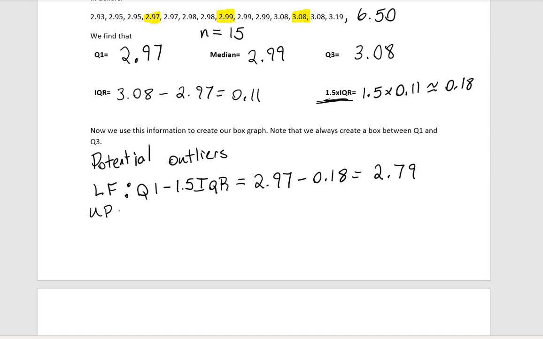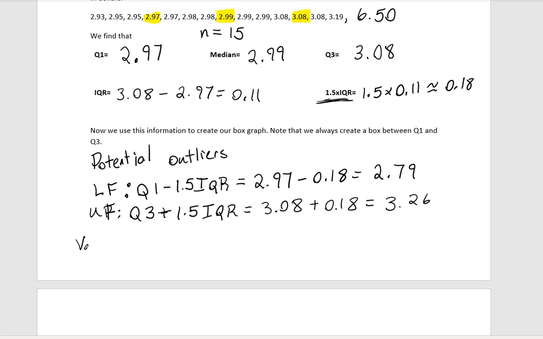Our upper fence is going to be Q3 plus 1.5 times the IQR. Q3 in our case was 3.08 plus that 18 cents, which is going to give us 3.26.